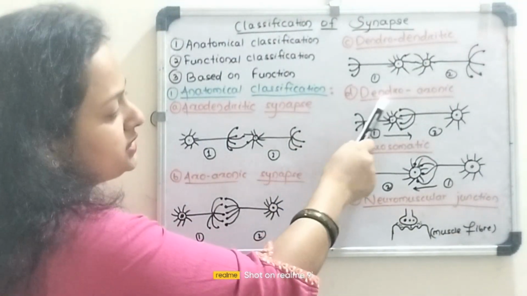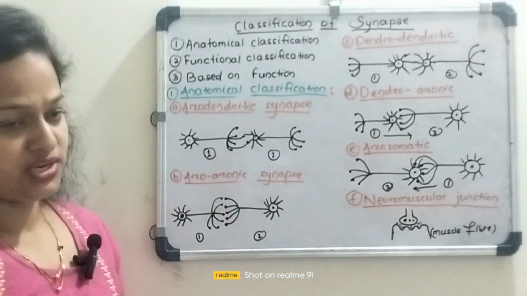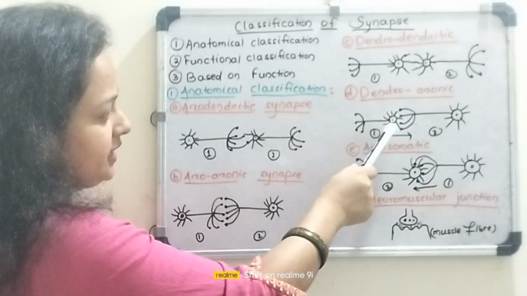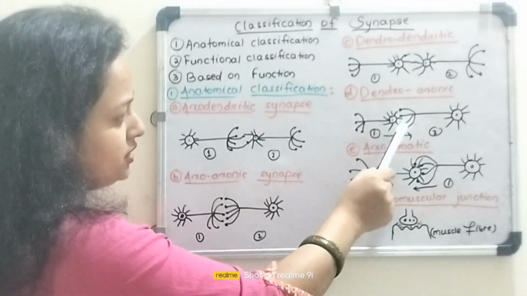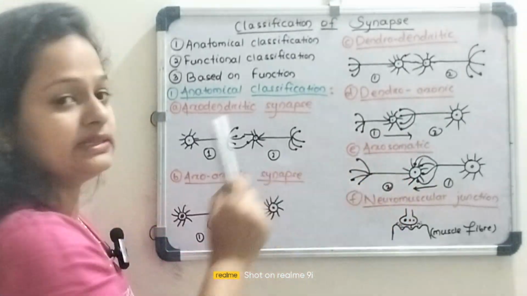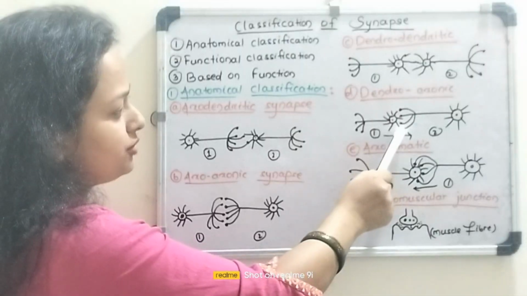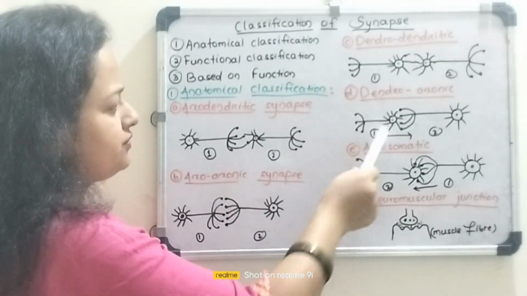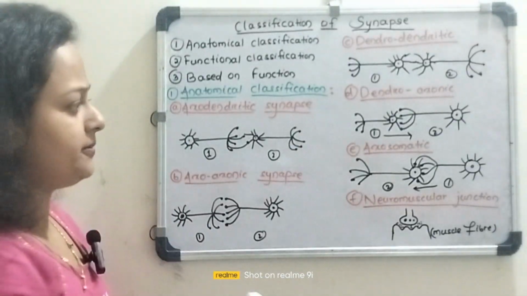Then the fourth one is the dendroaxonic synapse. In this type of synapse, the dendrite of the first neuron sends impulse to the axon of the second neuron, and this type of synapse is very rare.